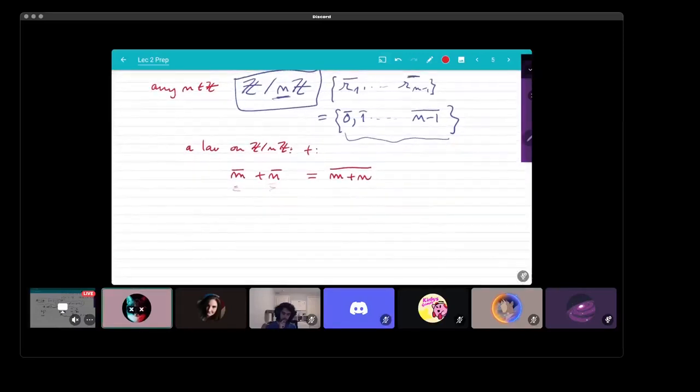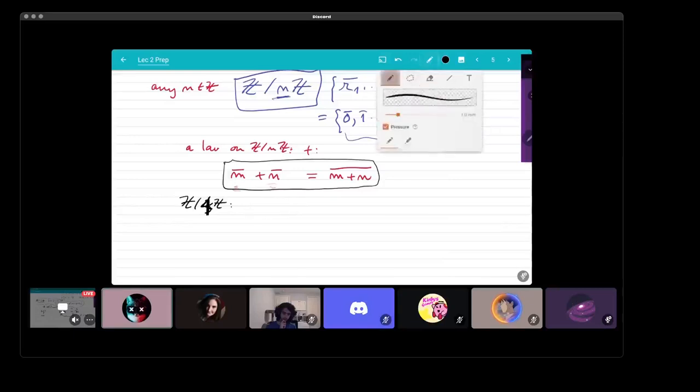It's not obvious that this is well defined, because for example, say in Z over 4Z, the classes are 0, 1, 2, 3, or 4. If we were to take 3 plus 5, that would give us 8.